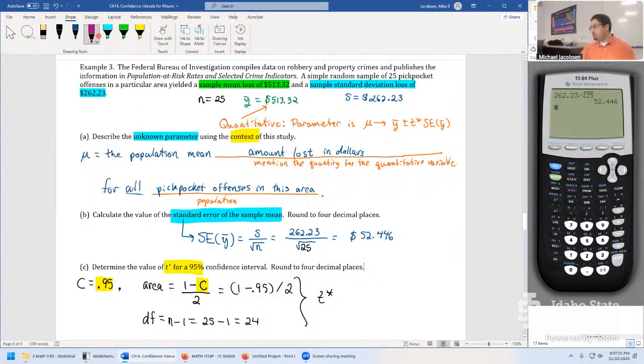And just a reminder for the notes, we have to use inverse norm. So it's kind of fun using the next newer functions in the calculator. Hit second, and then the vars button. Go down to option 4, or just punch 4 for inverse norm. Area, looks like I already have just about the right structure.